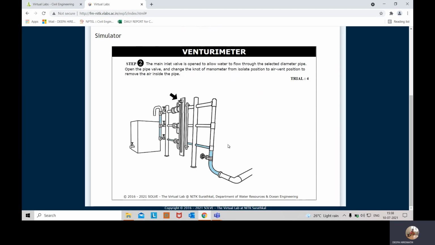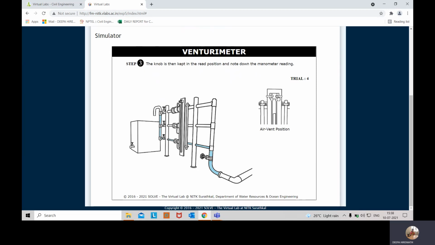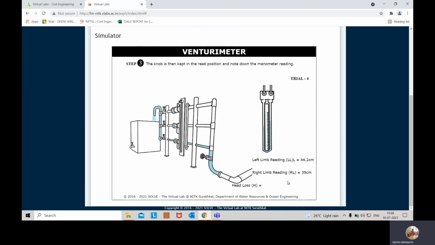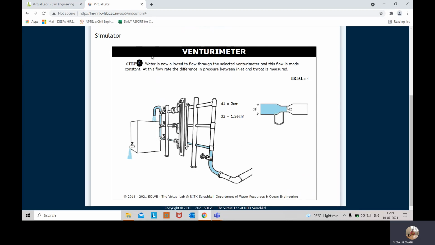We are going to make it go from the isolate position to the air vent position. After that, the manometer readings are taken, and we are calculating the head loss, 65.52 centimeters.